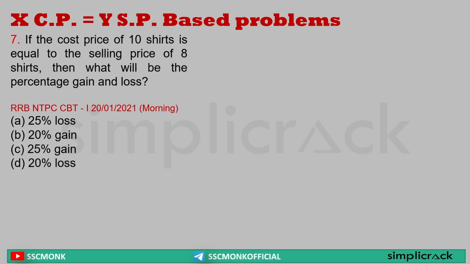X CP is equal to Y SP. That means whenever you will be encountering a question like this, remember the theory: if cost price of X articles, whatever it is, shirts, pants, car, something like that, is equal to selling price of Y articles, then understand this.